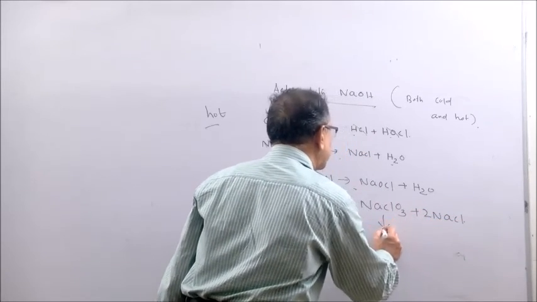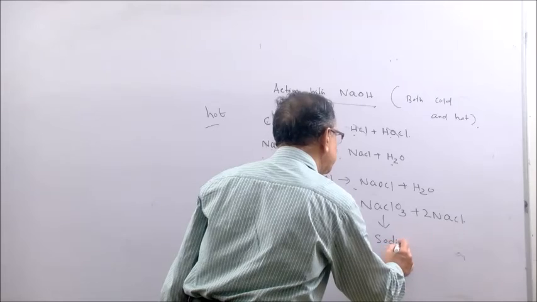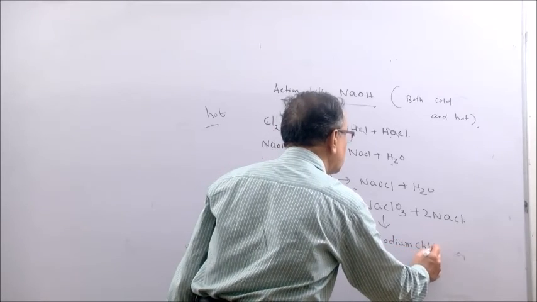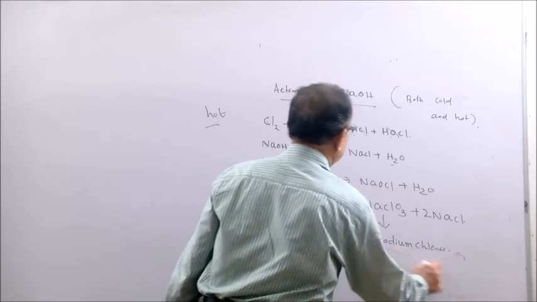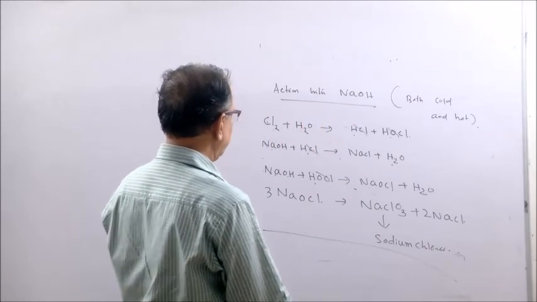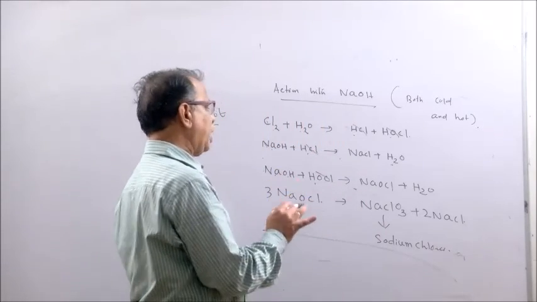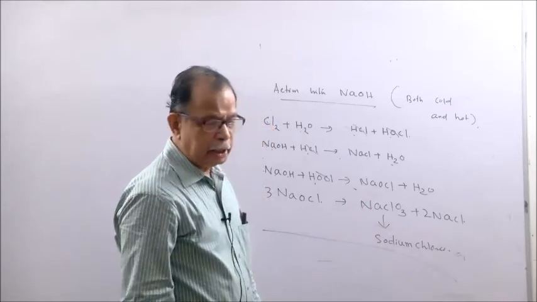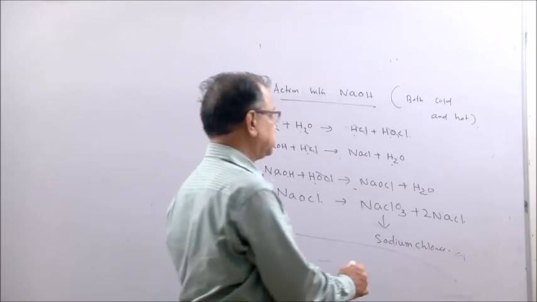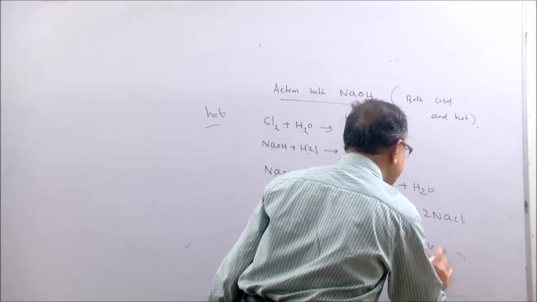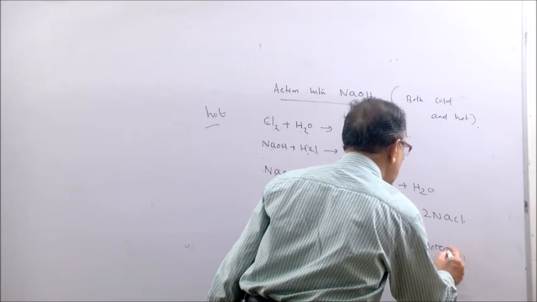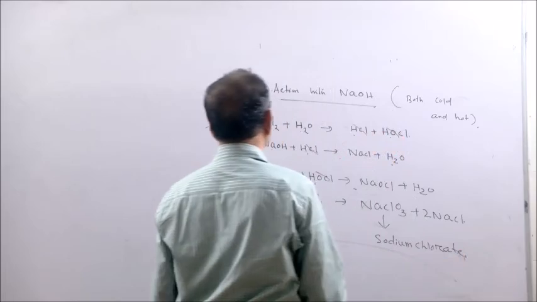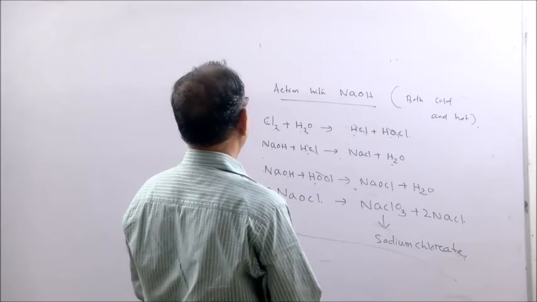We get sodium chlorate. You add all these things. In the cold we get sodium hypochlorite, and here in the hot condition we get sodium chlorate. So this is the reaction with alkali.